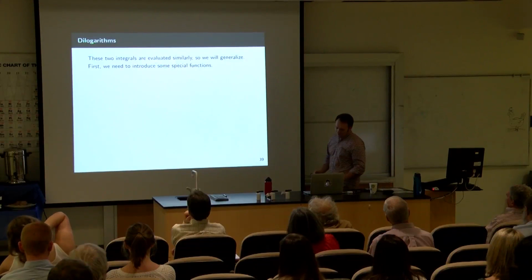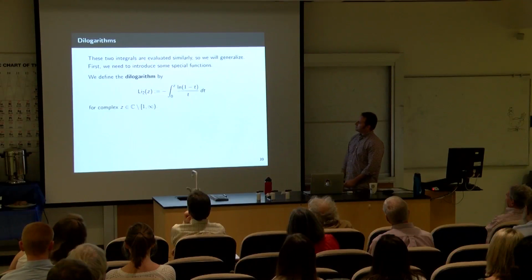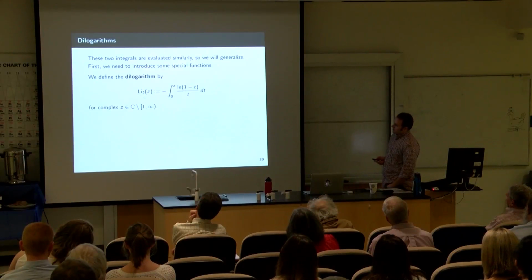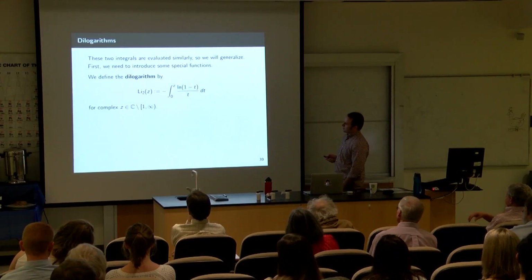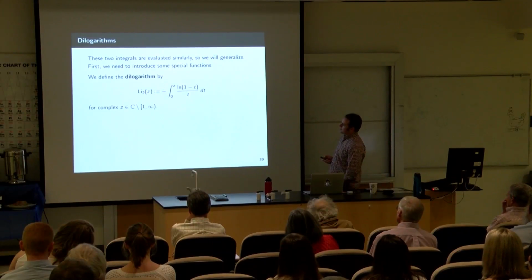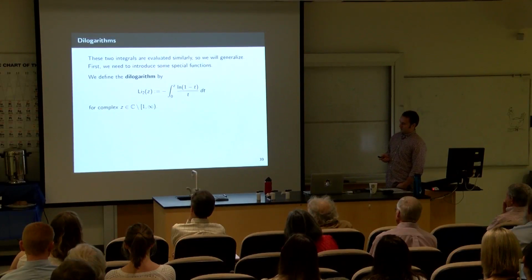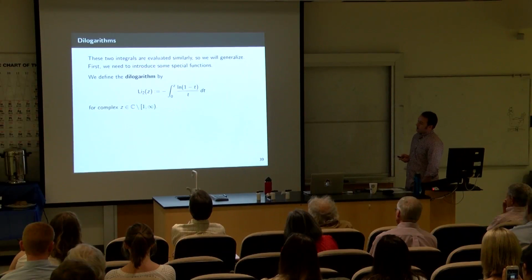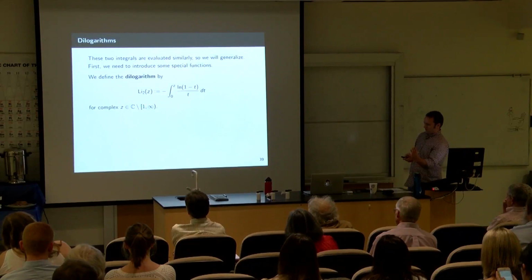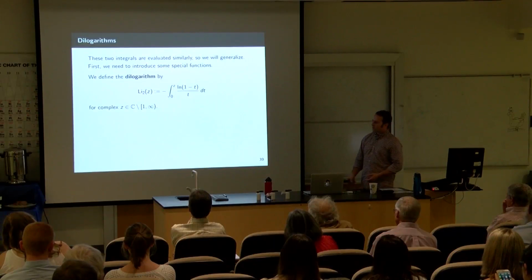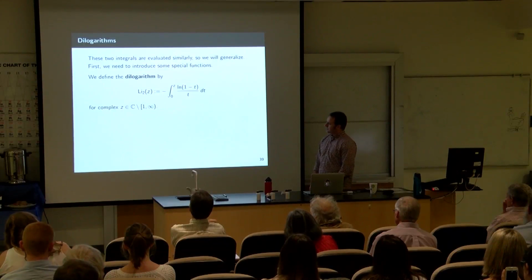Some special functions, so dilogarithms. You define the dilogarithm Li subscript 2 of z to be this integral: a negative integral from 0 to z of log of 1 minus t over t dt. Now this makes sense for all complex numbers z except for the ray 1 to infinity, because log doesn't make sense for negative real numbers.